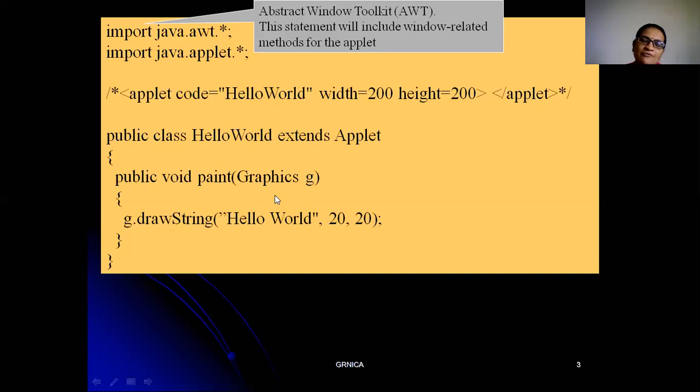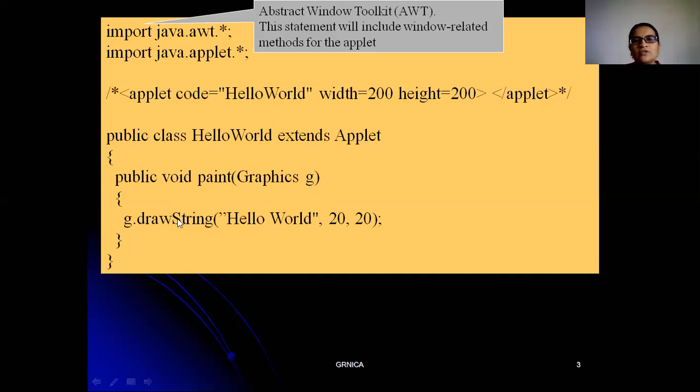Within that, you have to create a Graphics g object, and this is fixed. Via that object, it may be g or e or anything. g.drawString is a method which is available in the paint method.